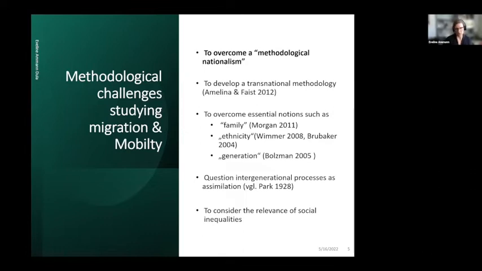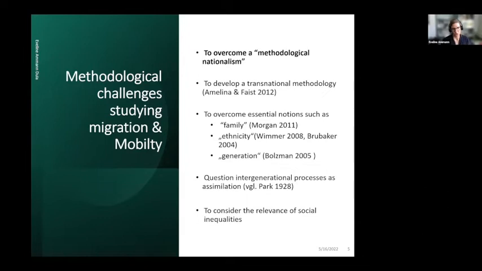Especially when it comes to intergenerational processes, which was my research topic, these have often been thought of as an assimilation process over generations. In this lens, people having more than one belonging or identity were considered as lacking integration.